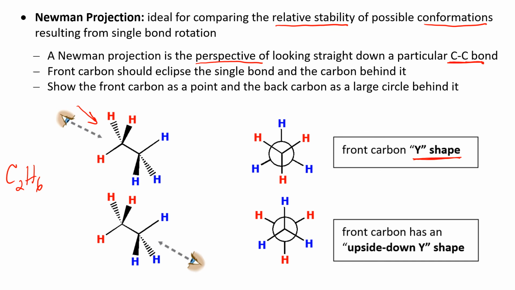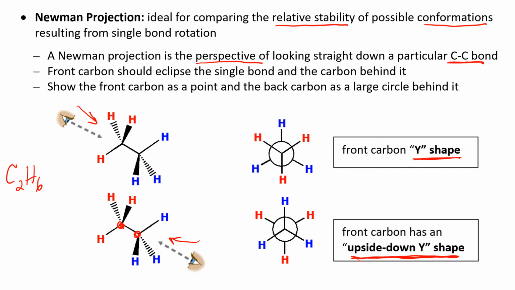Alternately, if I look from the right side here, down the carbon-carbon bond axis, notice that the shape of the carbons forms an upside-down Y. This is going to be useful when we start attaching different groups and converting these to and from bond line structures. Right now, we're just trying to understand what a Newman projection is.